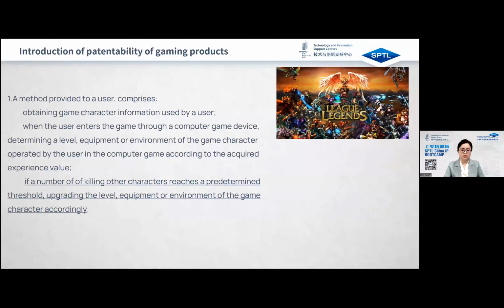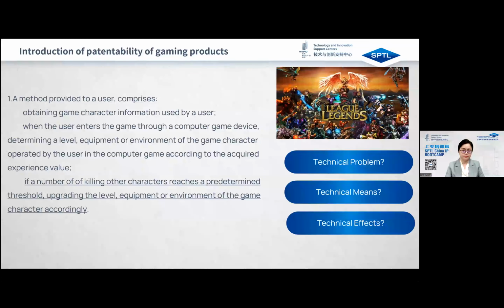And finally, they can win by destroying a certain number of the opponent's controlled characters. The above game rule can be realized by computer, and the computer processing process is roughly as defined in Claim 1. So, can Claim 1 be regarded as a technical solution?